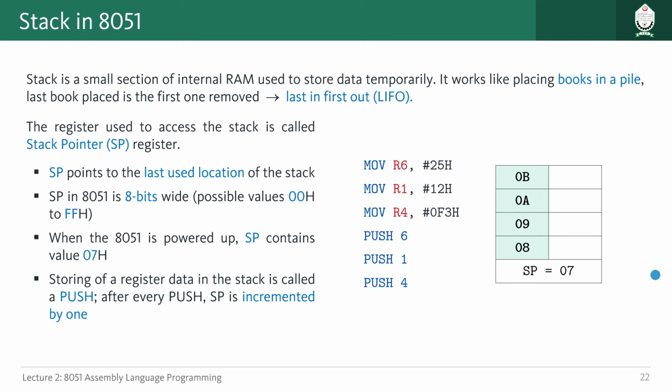In this way, we can store data coming from different registers. It can be R0, R2, R3, whatever. From there, the data can come and be stored onto the stack. One by one, they can pile up. But whenever we are trying to fetch data from there, the topmost data will come first, then the next one, then the next one. That is the basic idea of the stack.